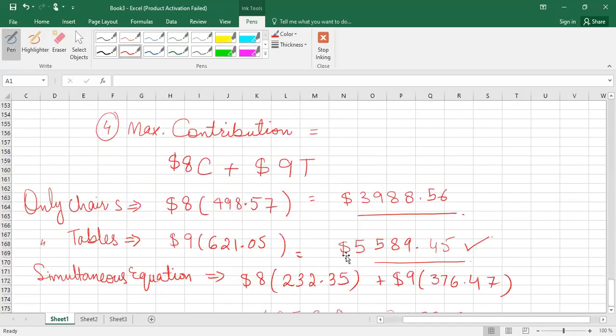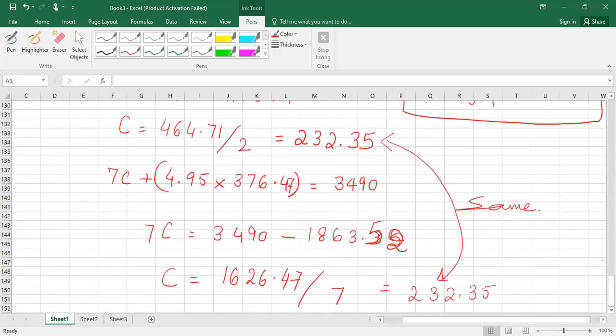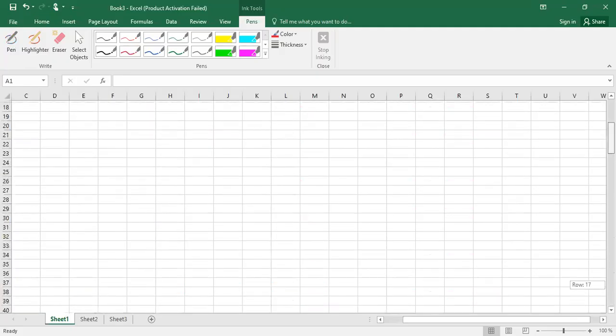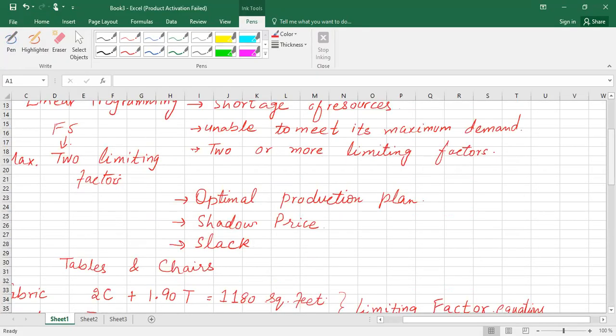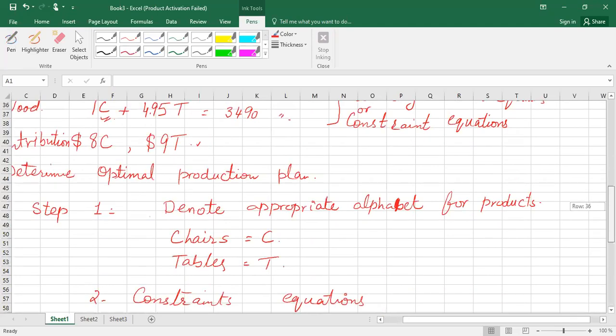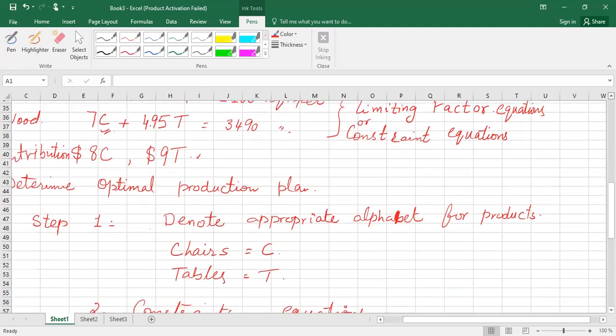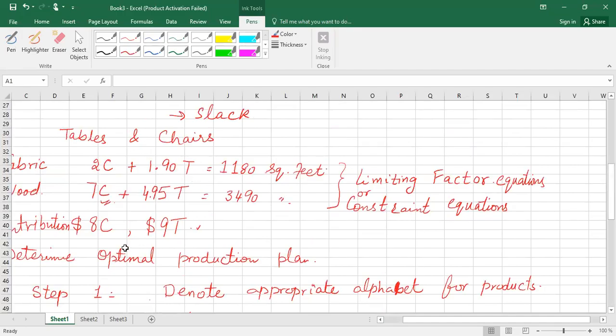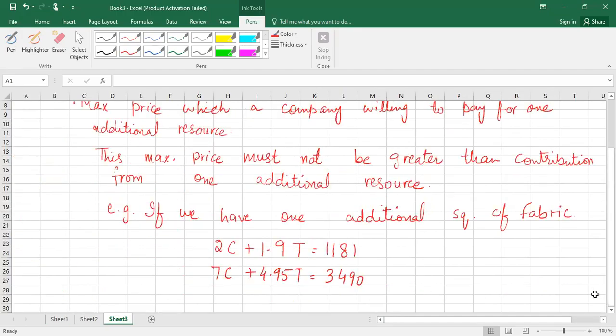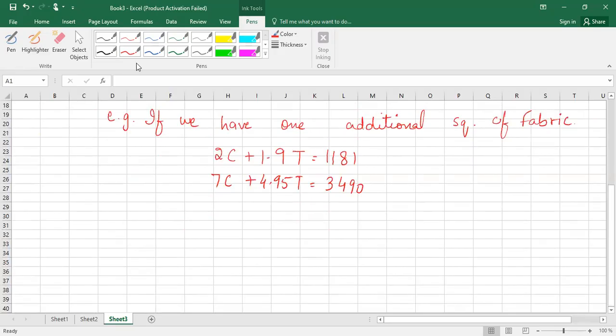You can see the data is the same. So once again we will calculate the maximum amount of tables only. Why? Because we have already determined that only the sale of tables will give us maximum contribution. So chair will be 0.